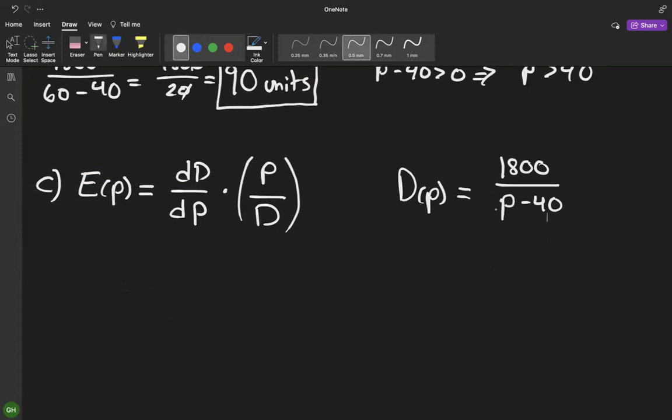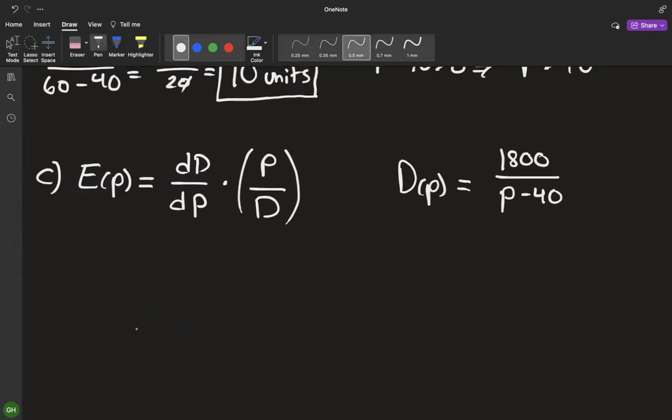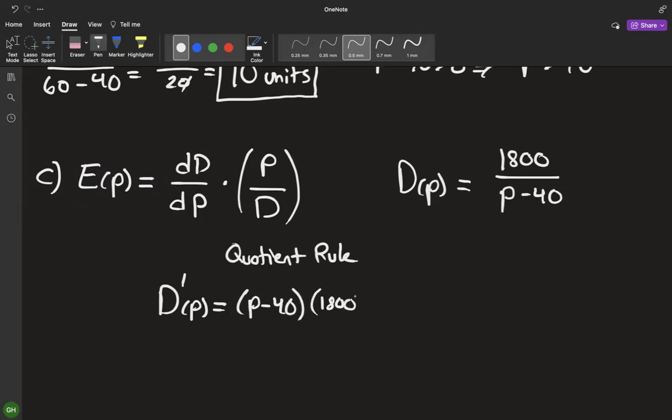So let's start by taking the derivative of this. And there's actually two ways we could do the derivative of this. I think I'll do both just for the sake of completeness. So the first thing we could do is quotient rule, because we're dealing with a fraction. So the quotient rule says the derivative will be bottom times the derivative of the top minus the top times the derivative of the bottom, divided by the bottom squared.